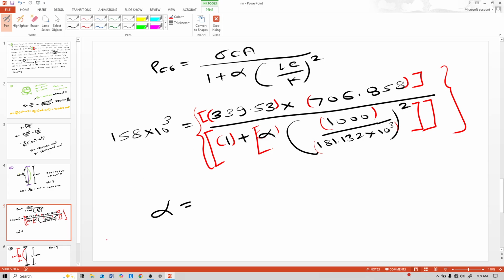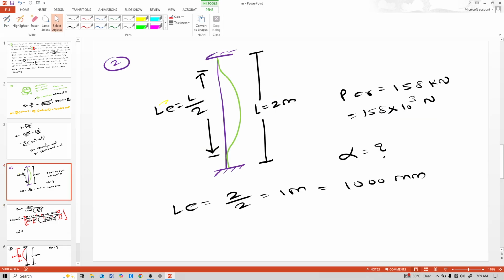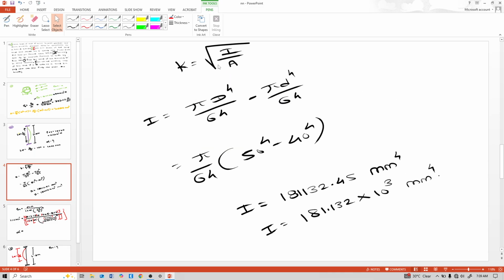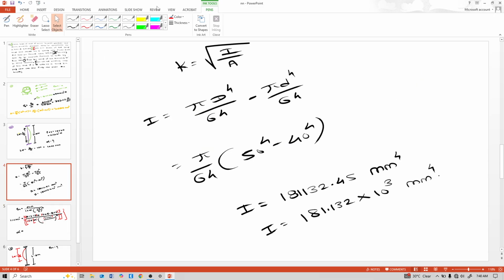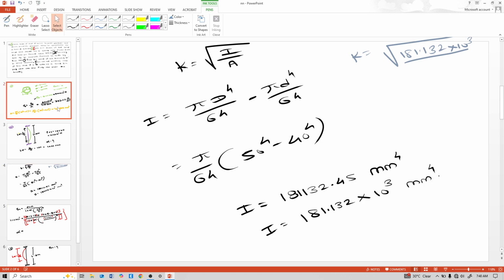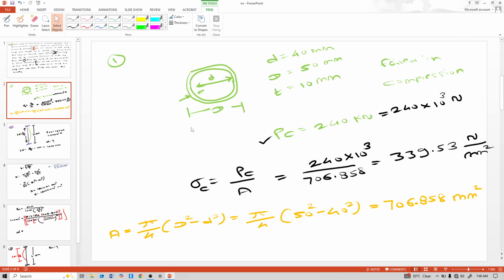See, I think we made a mistake here. This is only I, and we put I here directly in place of K. This is not K, this is I. K is under root of I by A. K is equal to under root of 181.132 into 10 raised to 3 divided by A, the area here, 706.858.